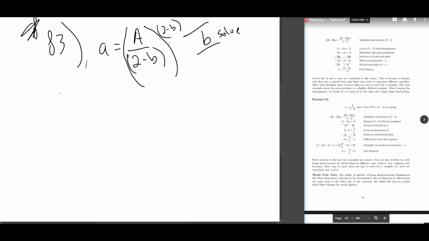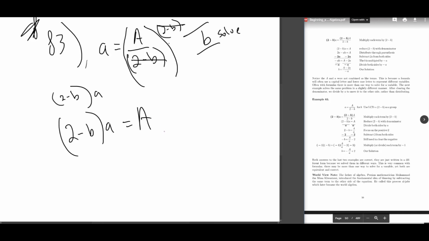And we're going to multiply this thing by 2 minus b, too. So let's do this. Here we cancel. So we're left with 2 minus b, times little a.